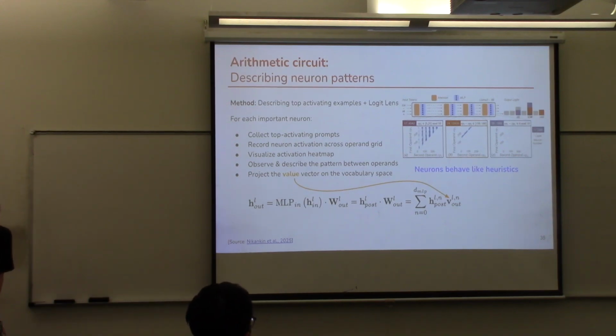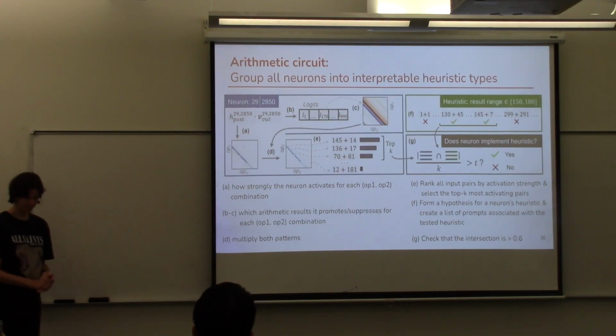Okay, so now we have described neuron behavior. We have said what kind of operands this neuron fires up for. What is the heuristic that can be used to describe that behavior? And using logit lens, we have also seen which tokens in the vocab this neuron is promoting.